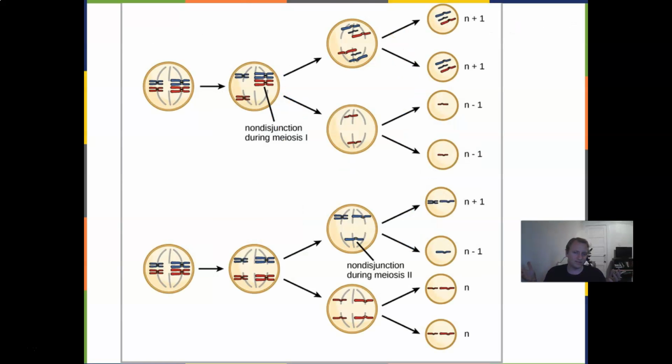Here is kind of what can go wrong with that process of dividing up your chromosomes in order to make gametes. So here we have, these are both showing the entire process. Here's meiosis 1 on the left, here's meiosis 2 on the right. But if you have a non-disjunction in meiosis 1, you're going to wind up with an extra couple of chromosomes in this cell.